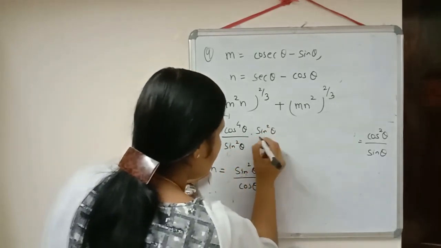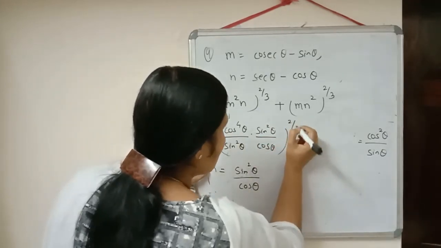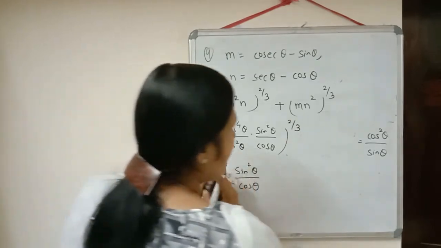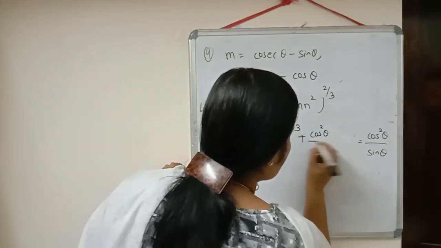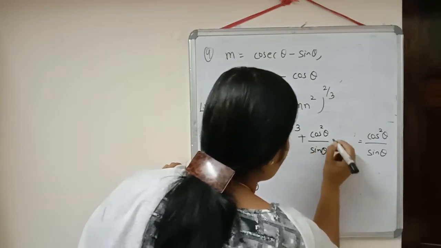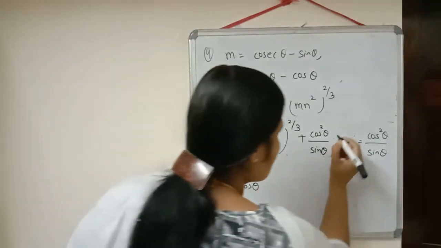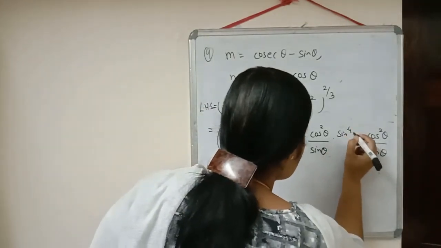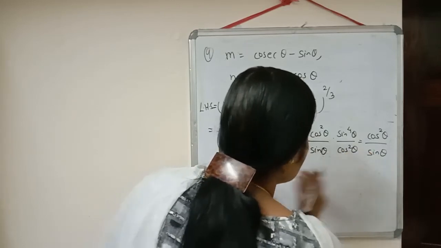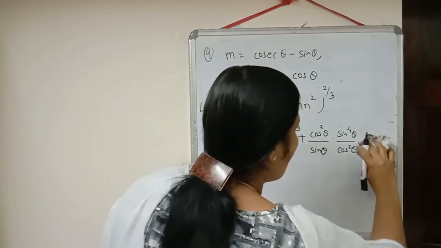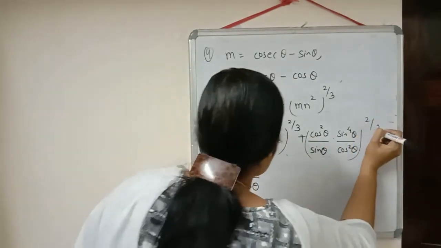Sin square theta by cos theta, whole raised to 2 by 3. Similarly, plus m. In place of m we have cos square theta by sin theta, then into n square. When we square this one, it will be sin raised to 4 theta by cos square theta, whole raised to 2 by 3.